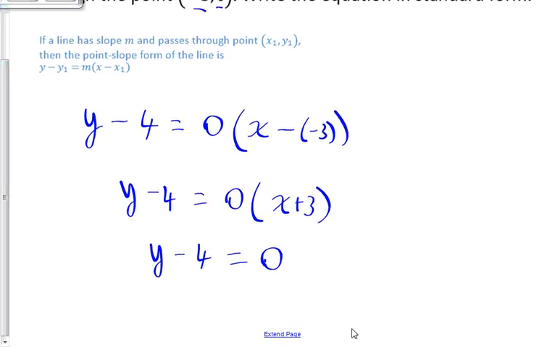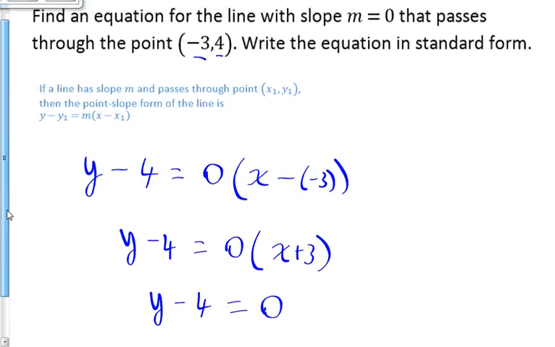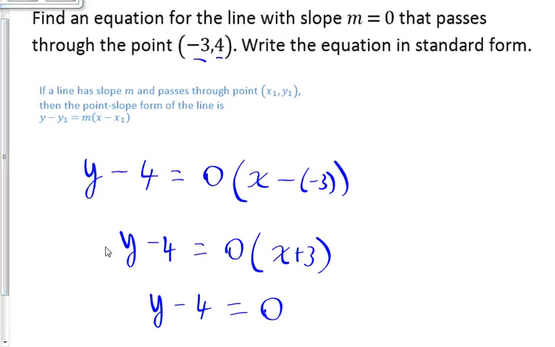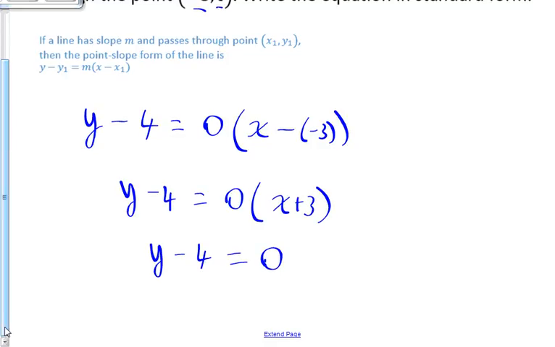Once you have this, you can solve it for y to put it in standard form, because we want to write the equation in standard form. Well, standard form is ax plus by equals c, which means all the variable terms have to be on one side and the constant term has to be on the other side.